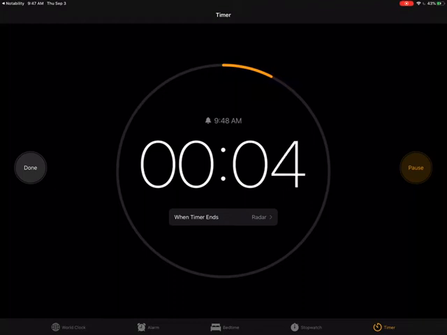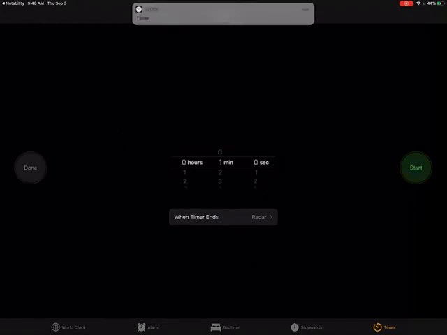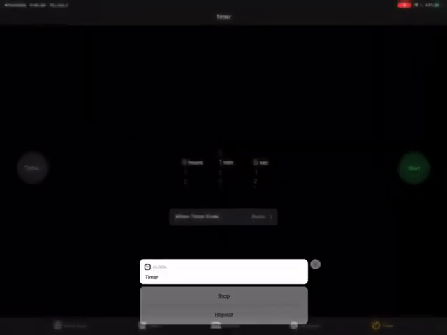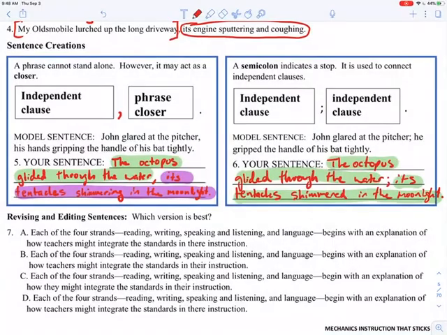All right, terrific. The way I approach this is I look at each section looking for differences. Looking at A, each of the 4 strands, that's the same for all 4. Reading, writing, speaking and listening, and language. Those all look the same.